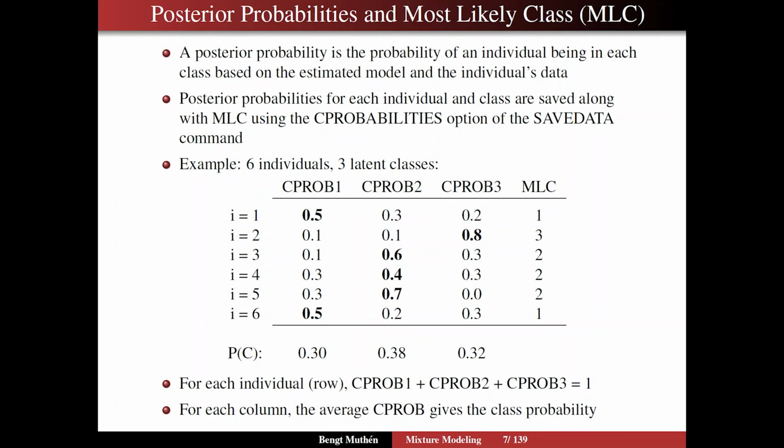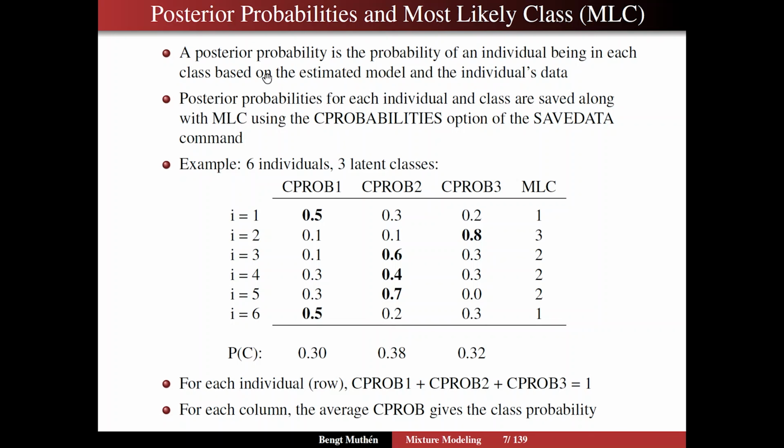On slide 7, we take a closer look at what a posterior probability is and how it relates to most likely class, or MLC. A posterior probability is the probability of an individual being in each class based on the estimated model and the individual's data. The estimated model uses all individuals' data.